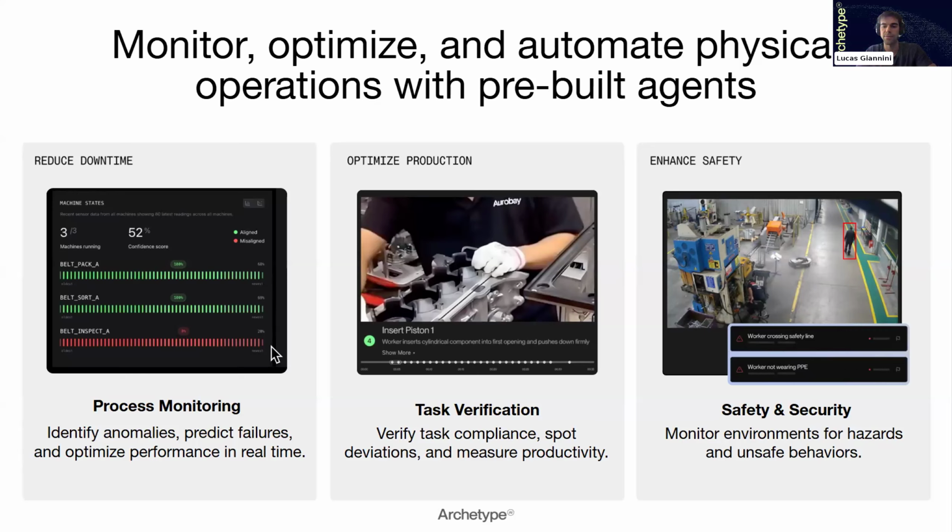And then finally, we have the safety and security agent, which basically monitors environments and is able to flag whenever some kind of hazard or unsafe behavior is detected. So as I said, those are pre-built agents, super easy to get set up with. And then, of course, they allow for some level of personalization to each specific problem that you're trying to solve.